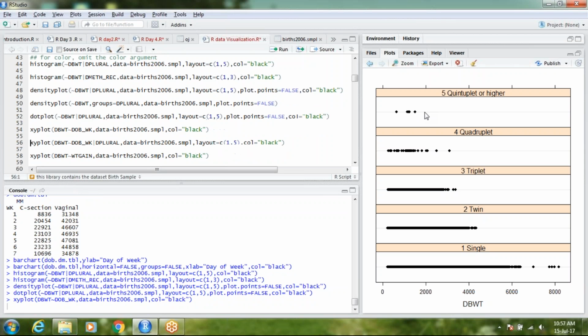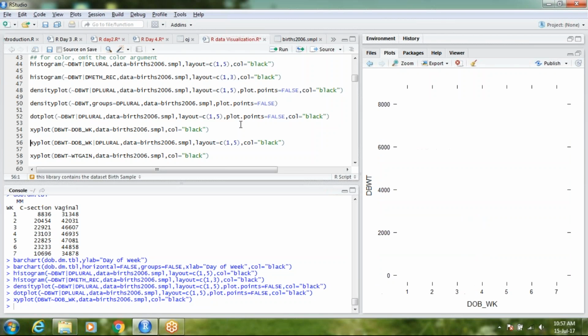So let's make a week-wise distribution and see. An XY plot for the weight at birth and the day of the week that the child was born.